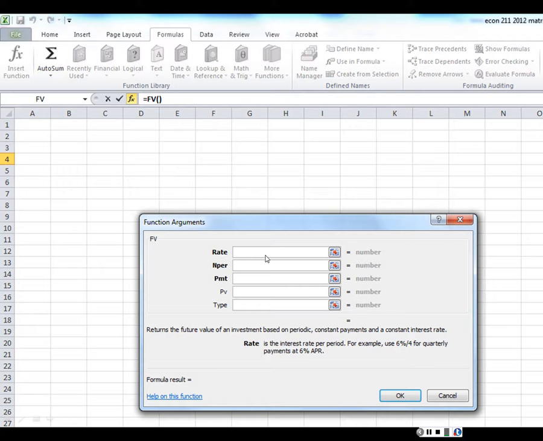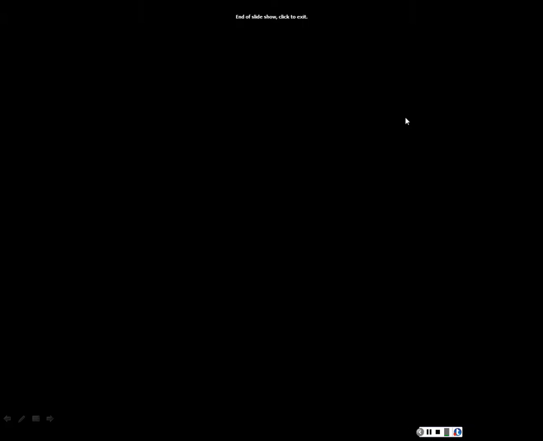These three things have to be in sync: rate, period, and payments. If you're putting in payments monthly for, say, 10 years, then you use 10 years times 12 as the period. If your annual rate is 6%, you divide it by 12 to get a monthly rate. Whether it's monthly, quarterly, or semi-annual, they have to be in sync. Does that answer your question? Yes. So let's go to the Excel file.